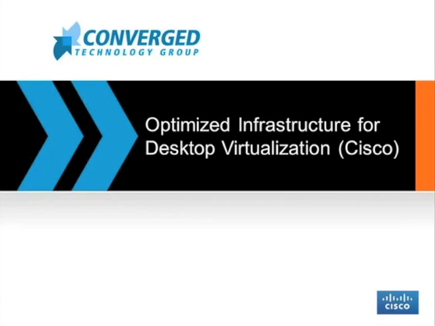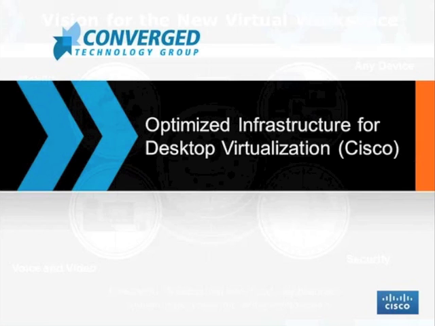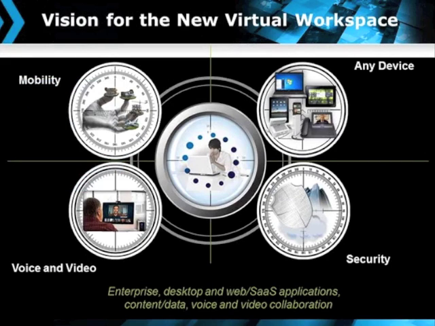From a Cisco perspective, we talk about an optimized infrastructure for desktop virtualization. It's primarily consisting of compute as well as the network components. From a vision perspective, Cisco goes to market around any device, whether it be a thin client computer, a zero client endpoint, a PC, a laptop, or desktop, leveraging either connected or mobile access, inclusive of not only data but voice and video applications in a very secure and consistent fashion.